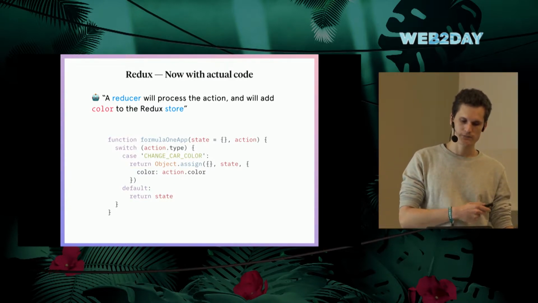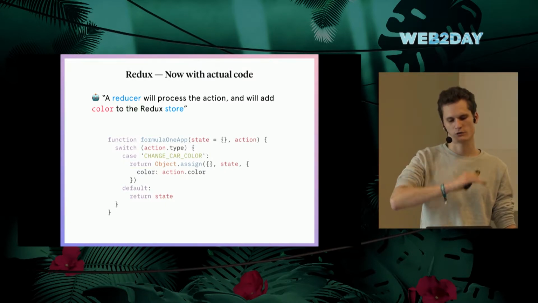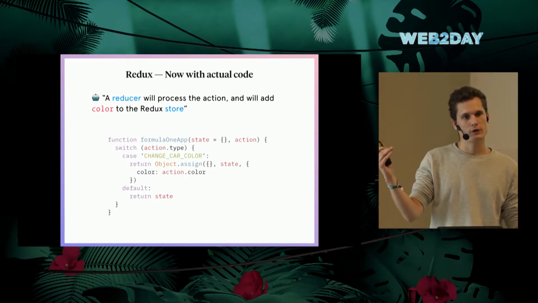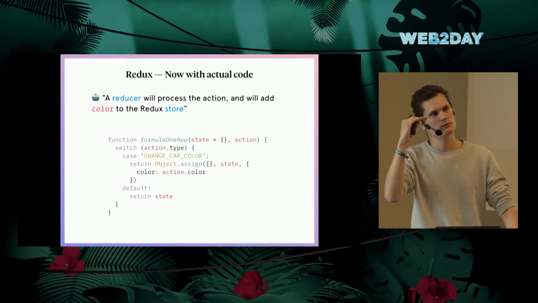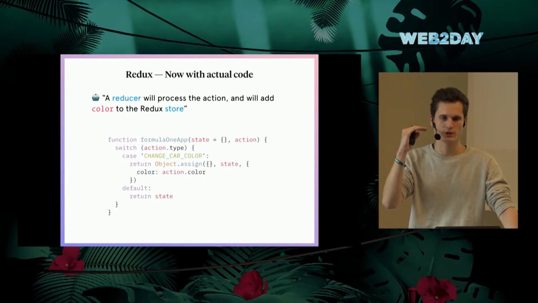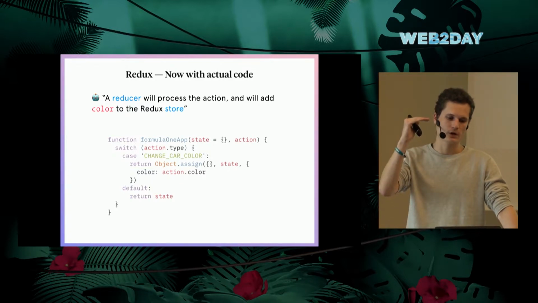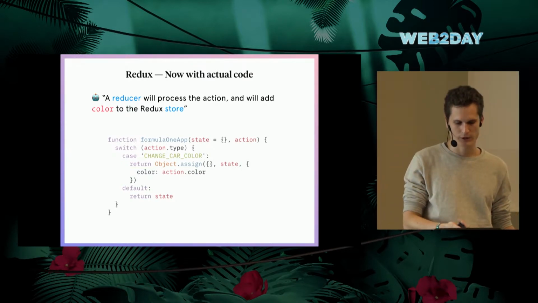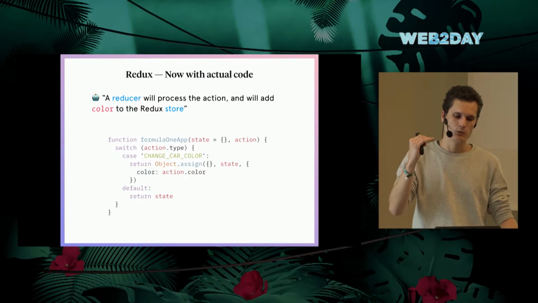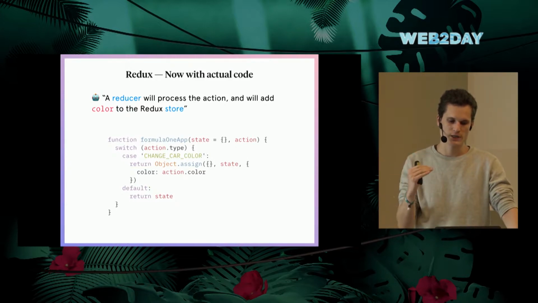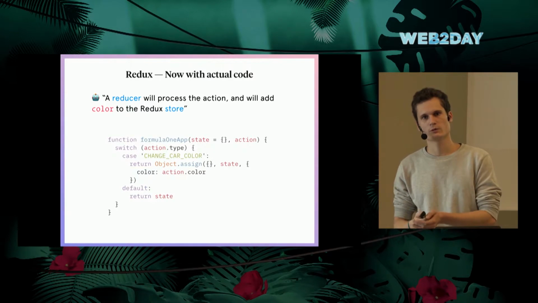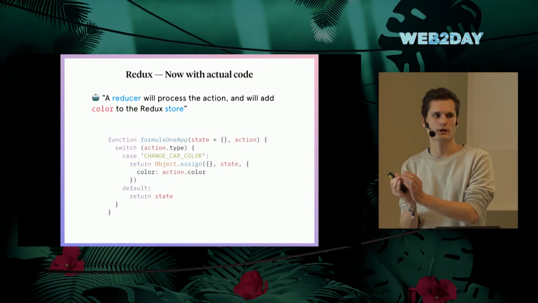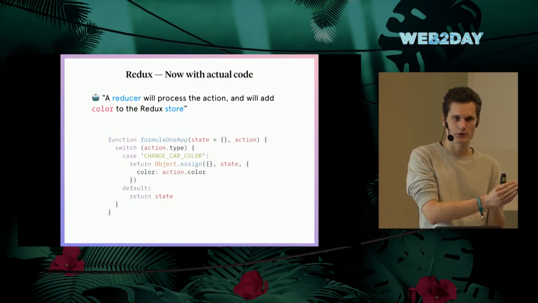A reducer is a JavaScript function that takes the actions as inputs and goes through a switch statement one by one until it gets to the right case, in our case here, the case change car color. When we reach that statement, the reducer processes the new payload and the new action and stores it inside the Redux store.